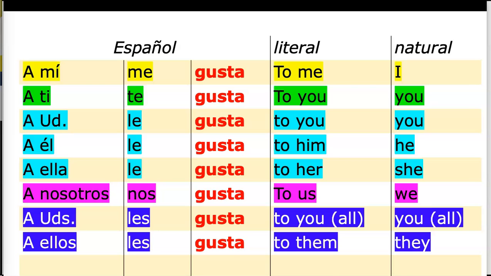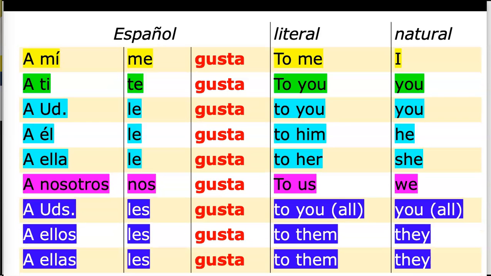And notice, because it's ellos, we're referring to a mixed group of males and females, or a group of only males. A ellas les gusta, again, to them is pleasing, or they like. And because it's a ellas, we're noting that the group consists only of females.